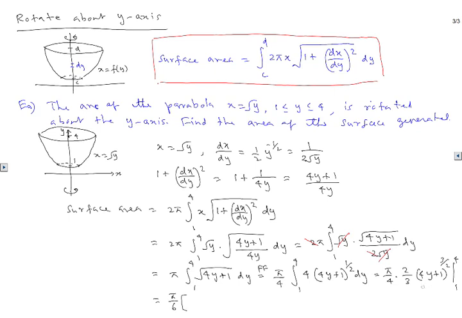If you put 4, this is going to be 17, so it is 17 to the 3/2, minus, if you put 1, it's going to be 5, so 5 to the 3/2. You can leave it like that, or you can write the 3/2 in this form, so pi over 6 times 17 square root 17 minus 5 square root 5, and then units squared.